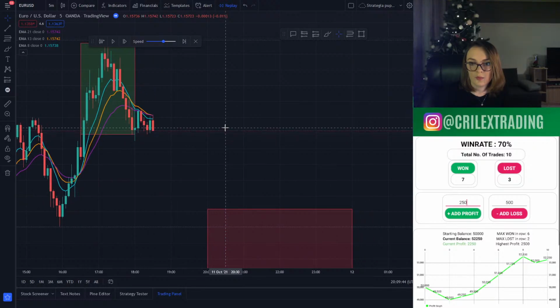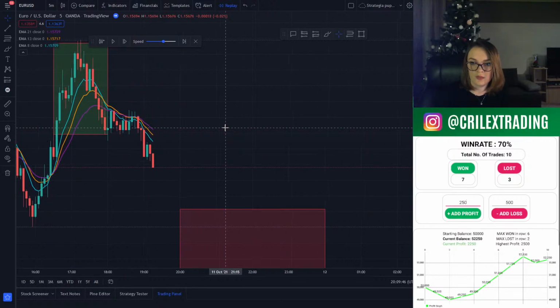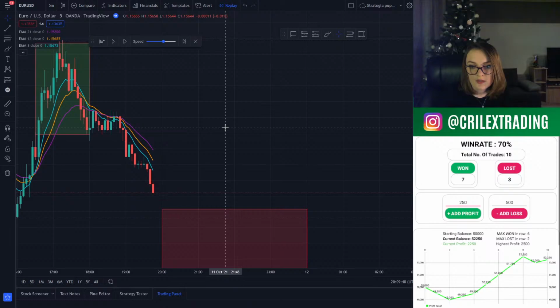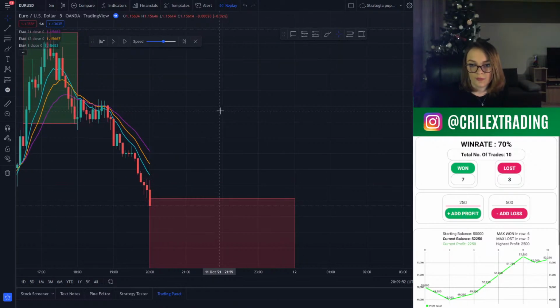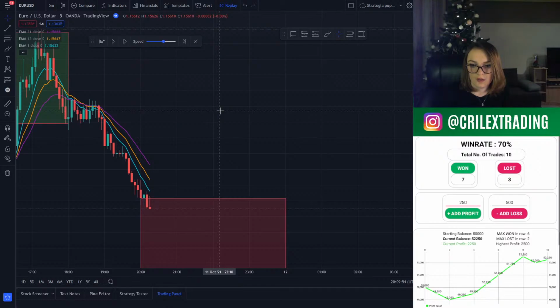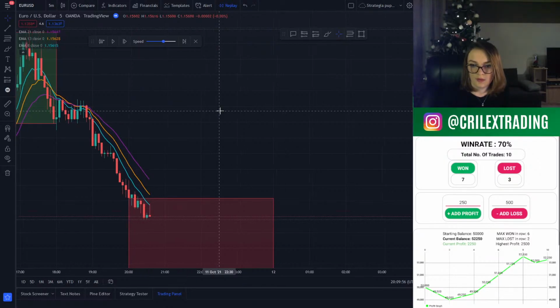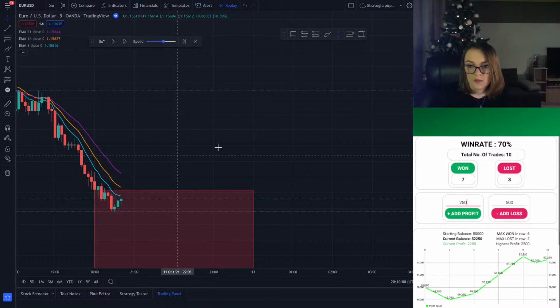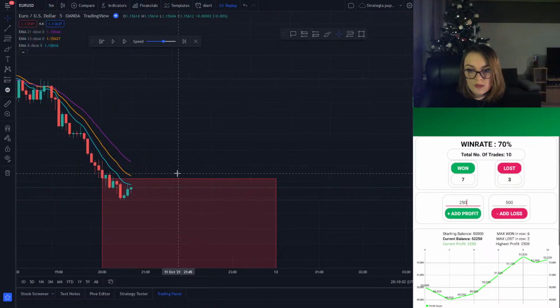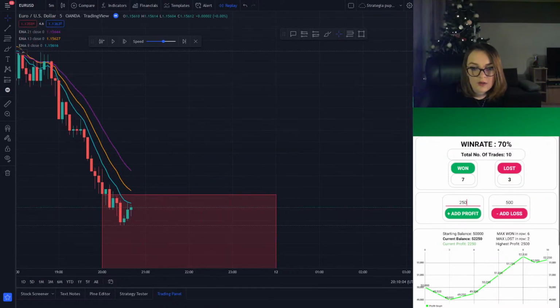And we are actually close to the sell zone now. Let's see if we get any entries here. Okay, so I think that this EMA is quite touched here.